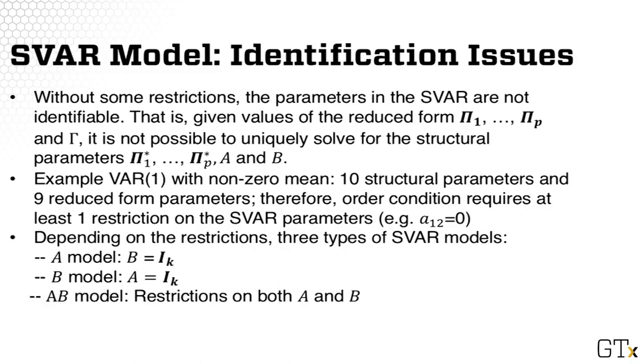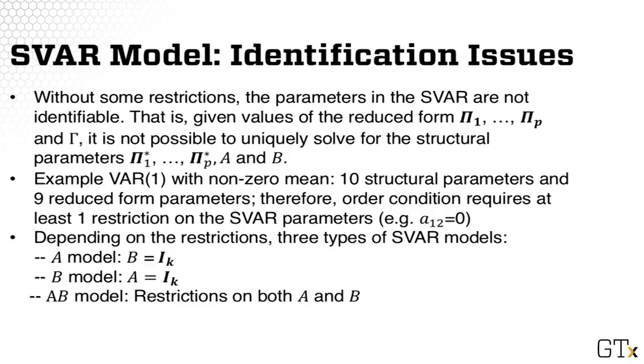That is, given values of the reduced form pi 1, pi 2 to pi p, and the covariance matrix of the error terms sigma, we cannot estimate uniquely the parameters of the structural VAR model given by A, B, pi 1 star, pi 2 star, to pi p star.